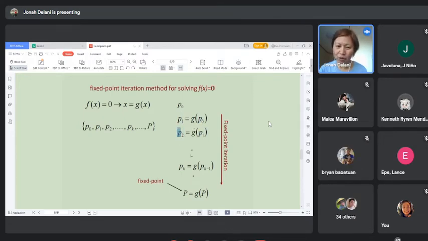There would come a time na sige na itong substitute, magbalik-balik na ang value. Then, pag magbalik-balik na ang value, mauna na siya ang fixed point. That's the solution now. That value of P is the root of our equation.